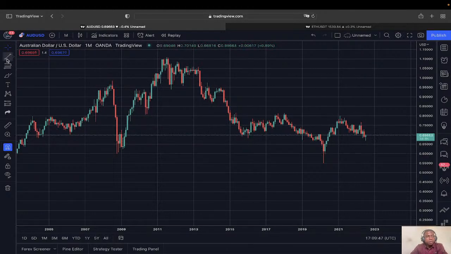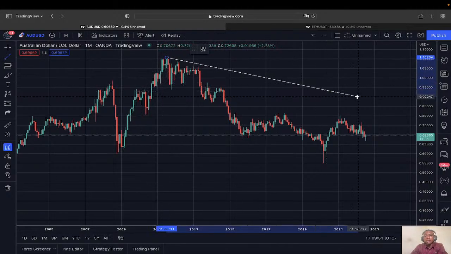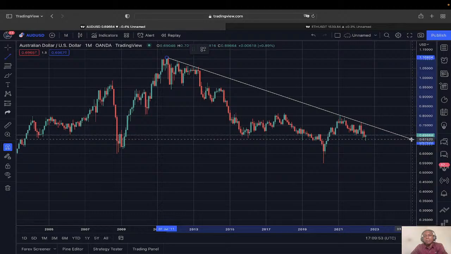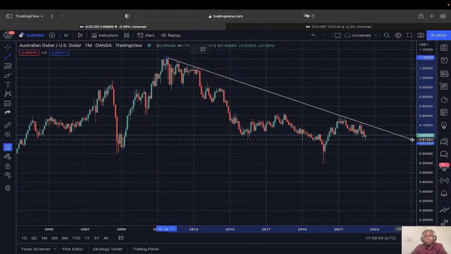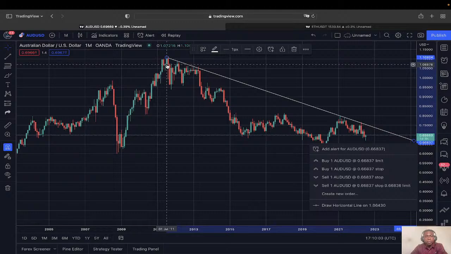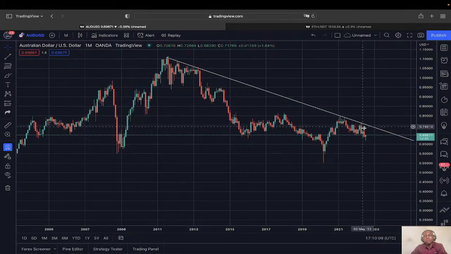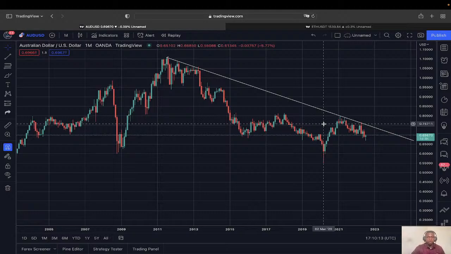And from the bird's eye view, we can see that Australian USD has been on a bearish momentum from 2011 up to 2022.